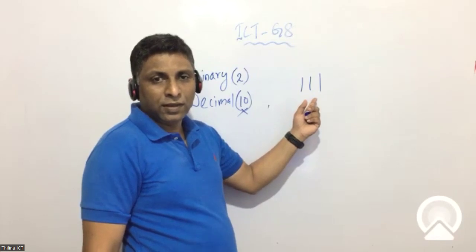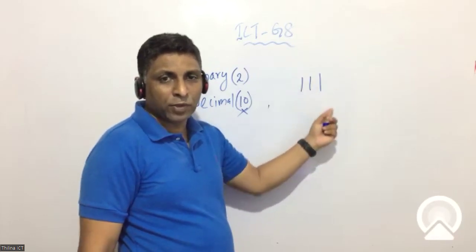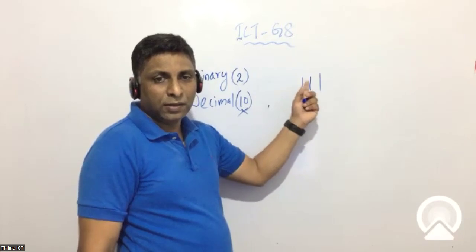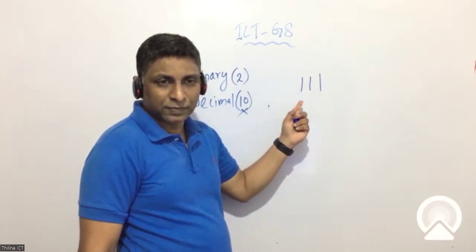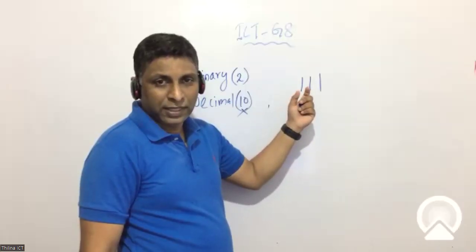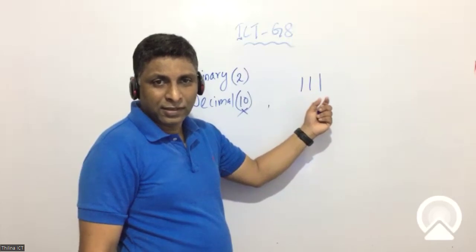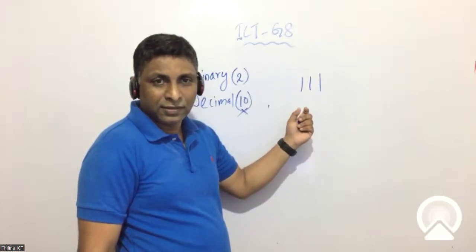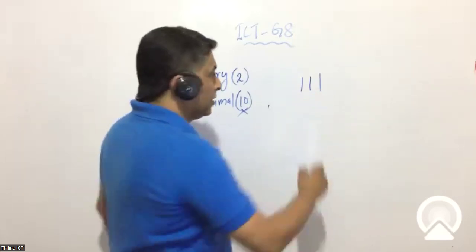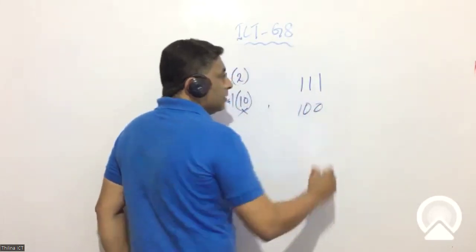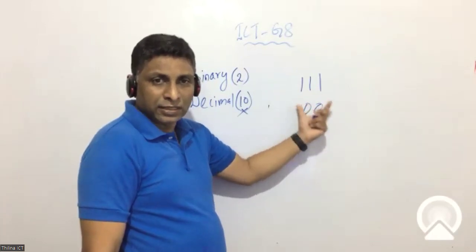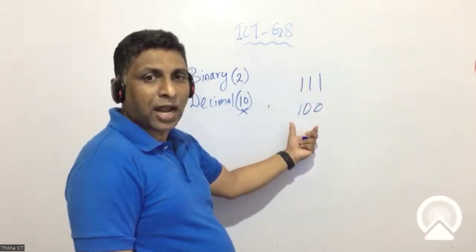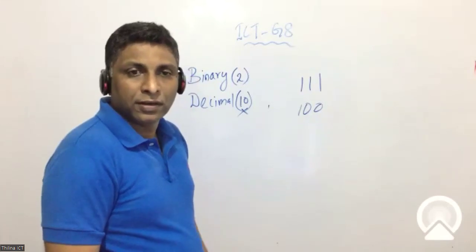If we write it without a base, what happens? That represents base 10. In general, that's 111, a hundred and eleven. If you don't put a base, people will simply understand this as one hundred and eleven.